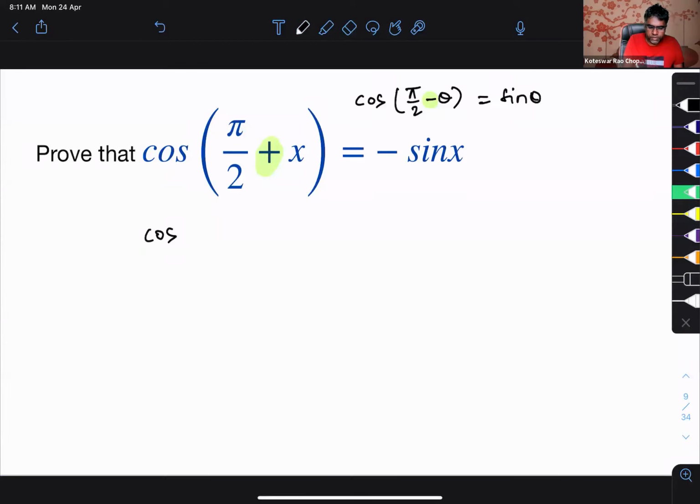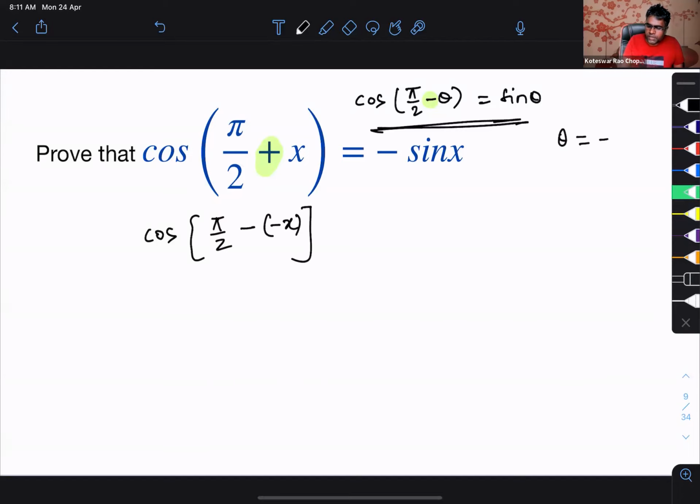So you can write this as cos of pi by 2 minus, instead of taking plus x, I'm going to take minus x. So this is now exactly like cos of pi by 2 minus theta, where theta is basically minus x. So then what do you get? You get sine theta, which is sine of minus x.